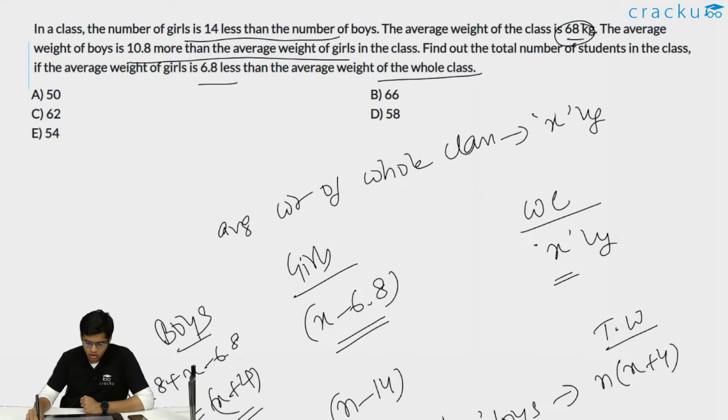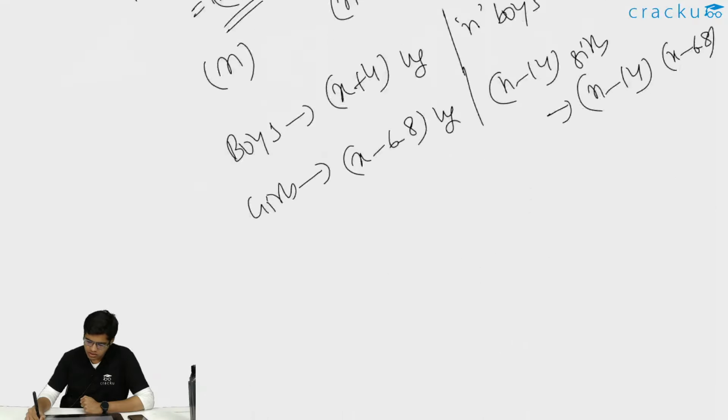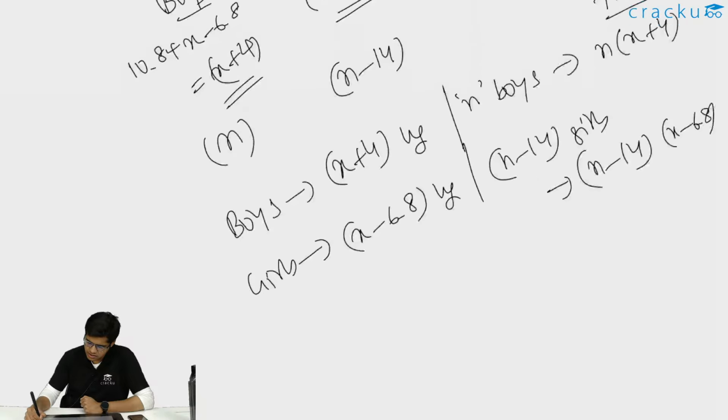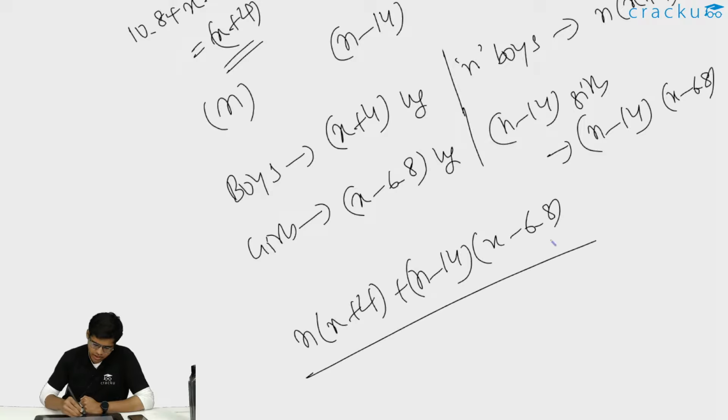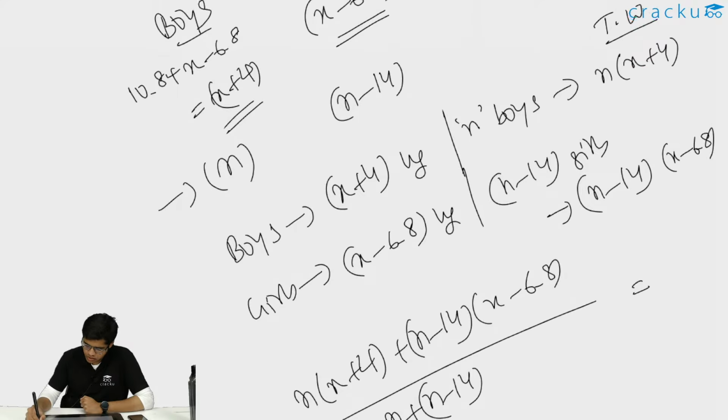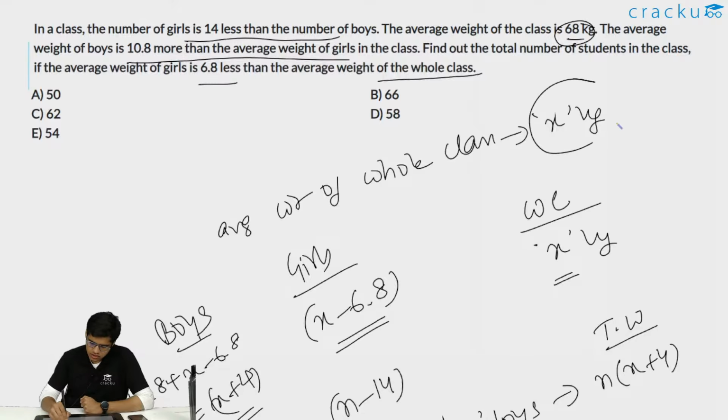Fine. So the average weight of the whole class, we can add this. So n into x plus 4 plus n minus 14 into x minus 6.8 divided by total number of students, which are n plus n minus 14, is equal to the average weight of the class, which is x.